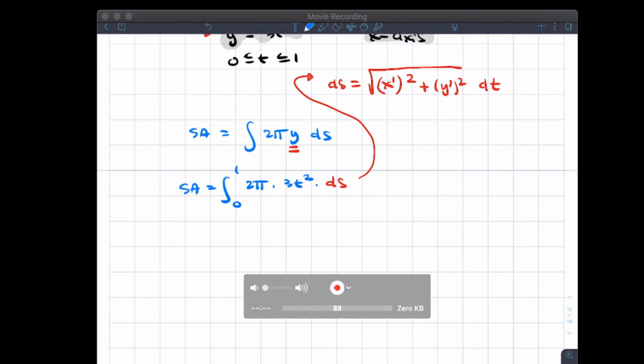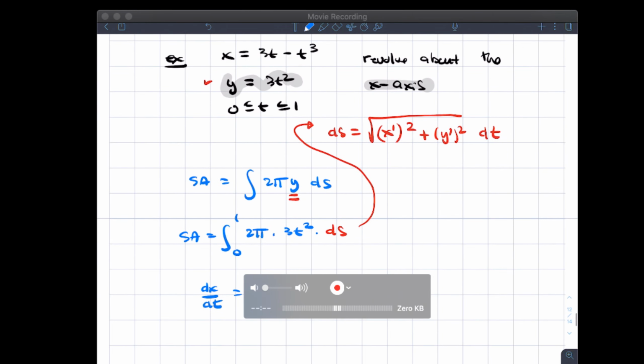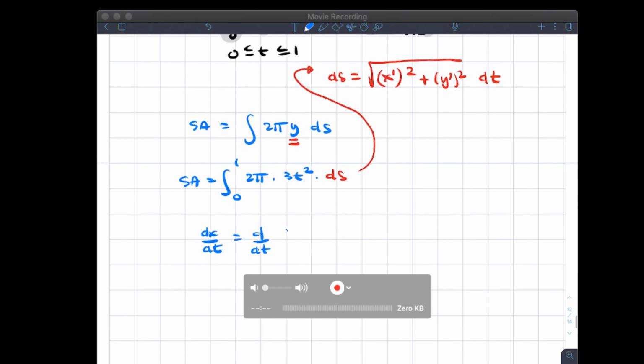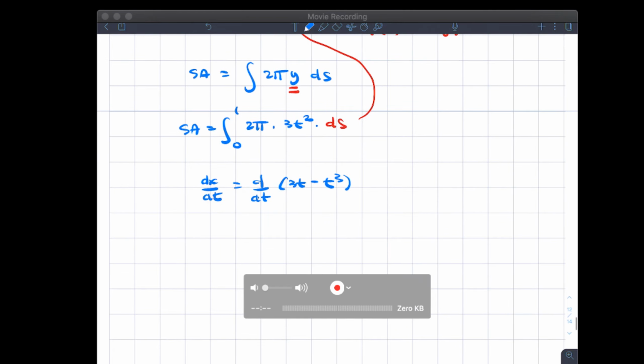So let's try to find that, meaning dx dt, we differentiate the x coordinate, which is 3t minus t cubed. And by properties of derivatives, we know that's 3 minus 3t squared.